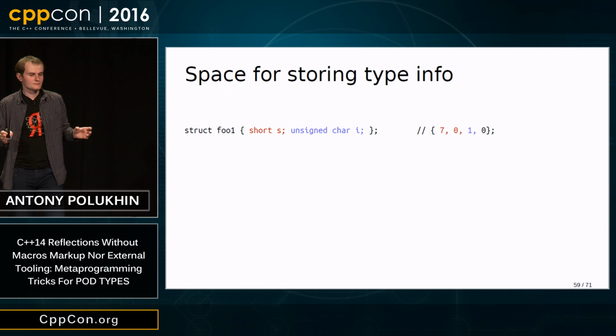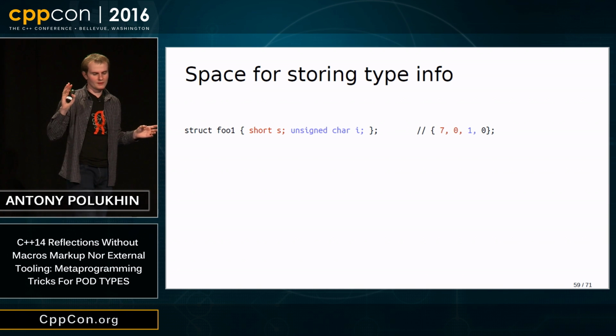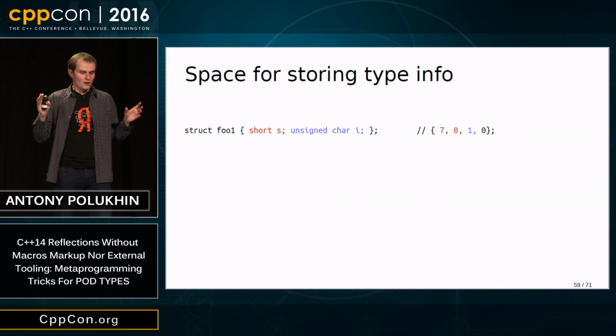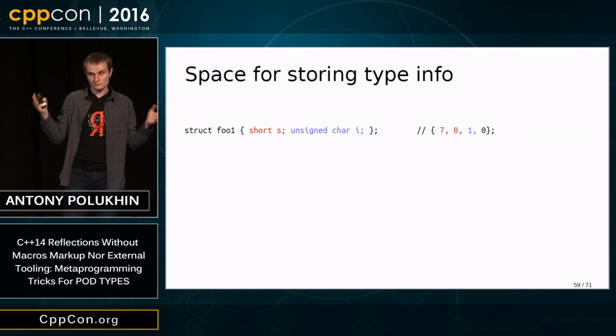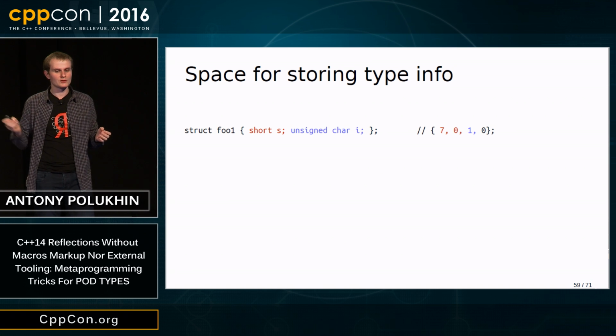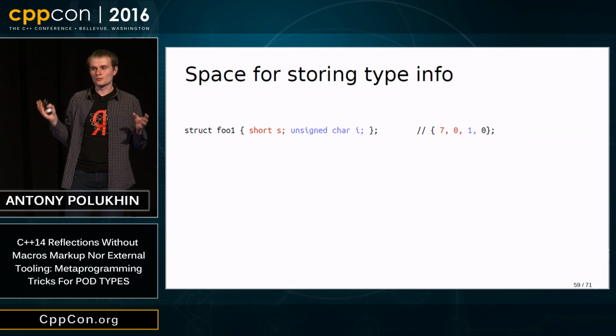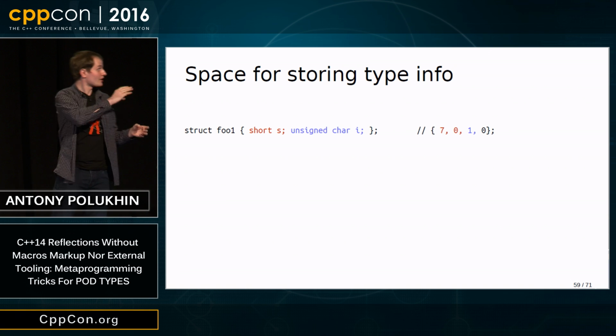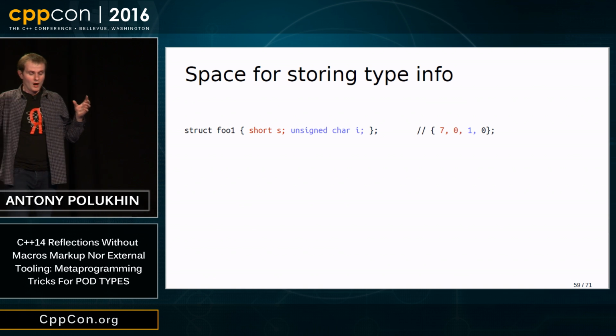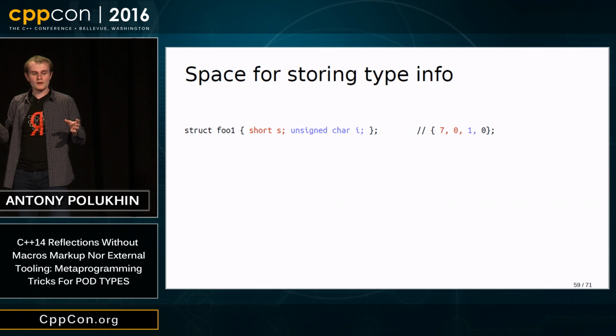Structure foo1. It contains a short and unsigned char. Size of the structure foo1 is 4. Well, sizeof of that structure will return 4. So we need an output array that has 4 elements. You can see that output array on the right part of the slide. The first field in structure foo1 is short.